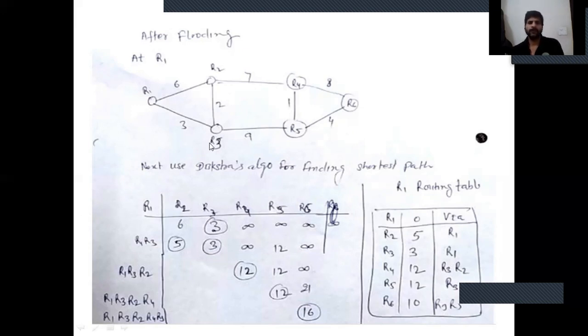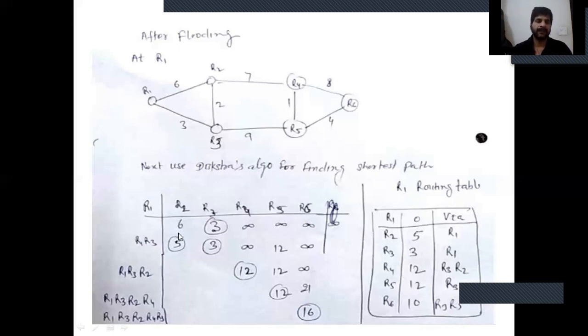The destinations are R1, R2, R3, R4, R5, R6. To do this we apply Dijkstra's algorithm to this graph.